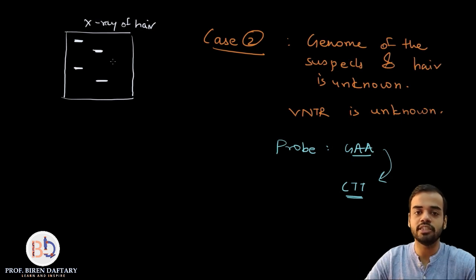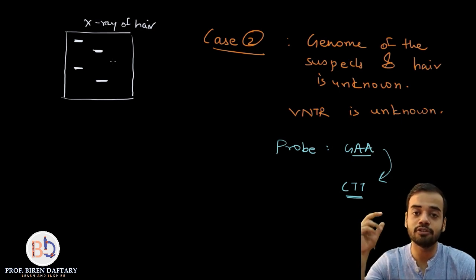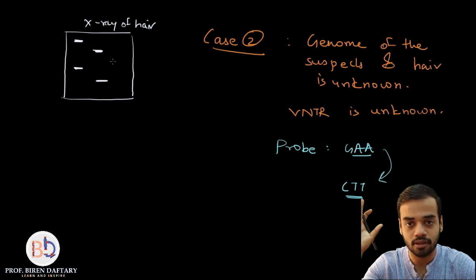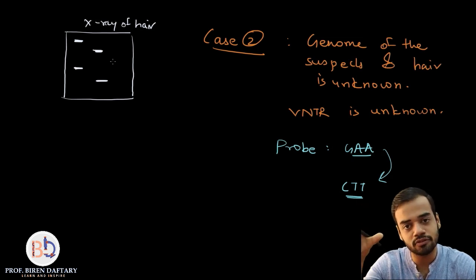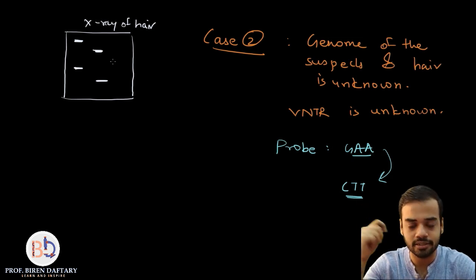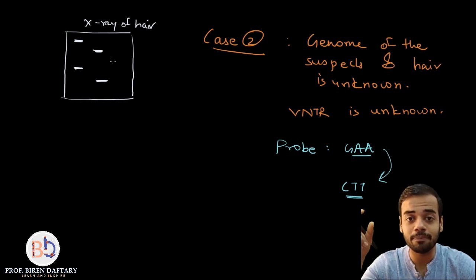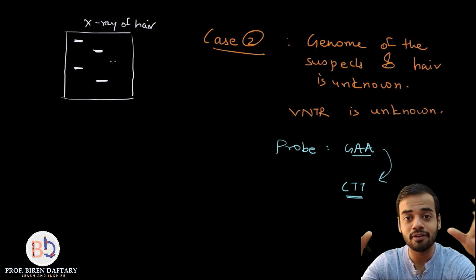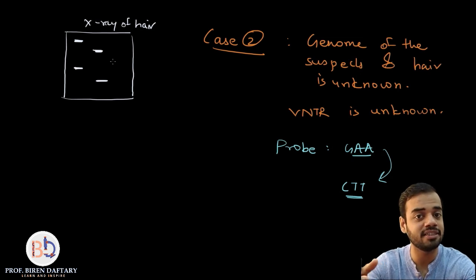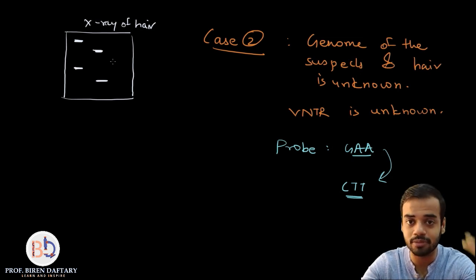Now what we do is we take the fingerprints of all the 7 suspects, and each one of them will have an X-ray. But if the hair belongs to one of them, then that person will have the same DNA as the DNA present in the hair, because both belong to the same organism.